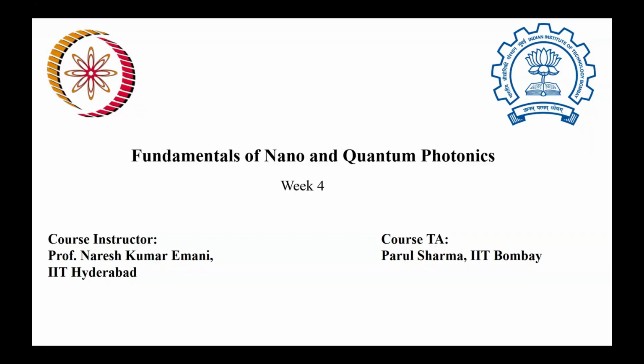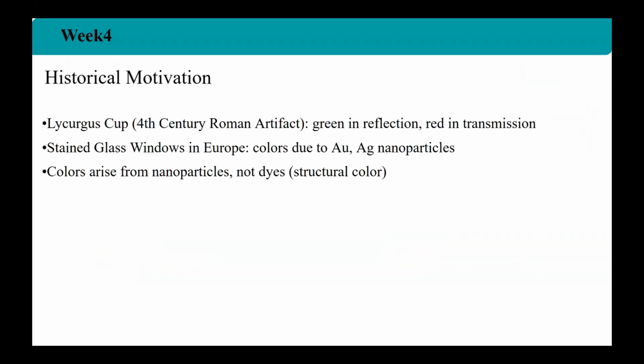So this week we will talk about plasmonics. What is the historical motivation? When we started this course, in the very first week we showed the Lycurgus cup, which exhibits different colors depending on where the optical illumination is. This is a 4th century Roman artifact.